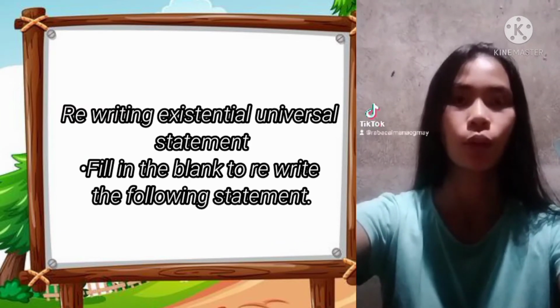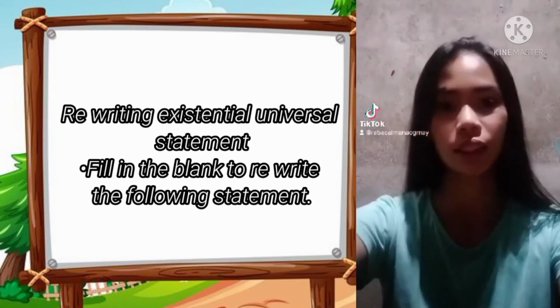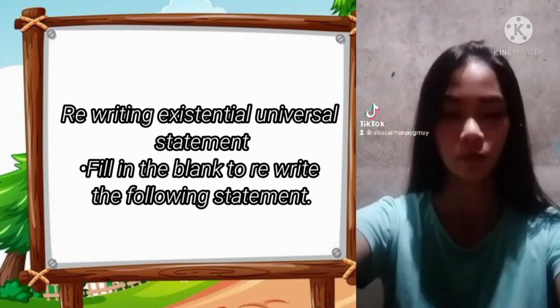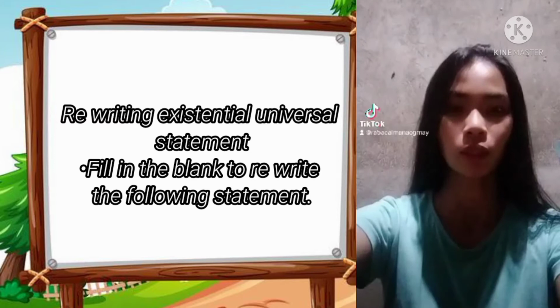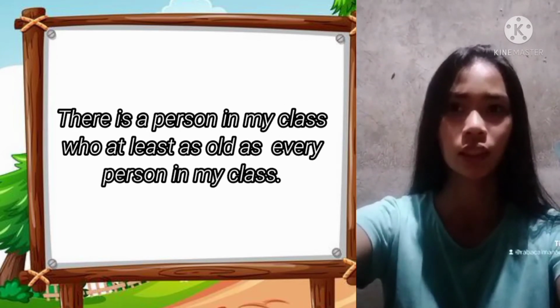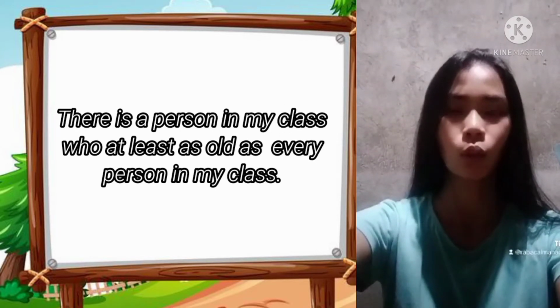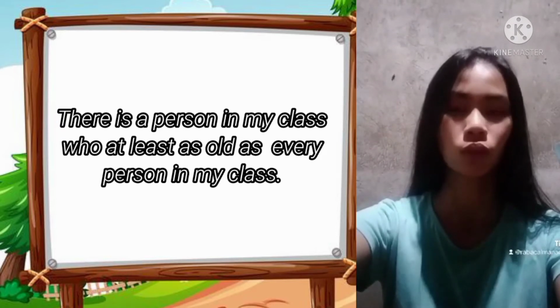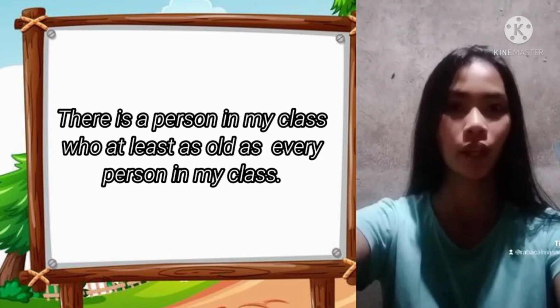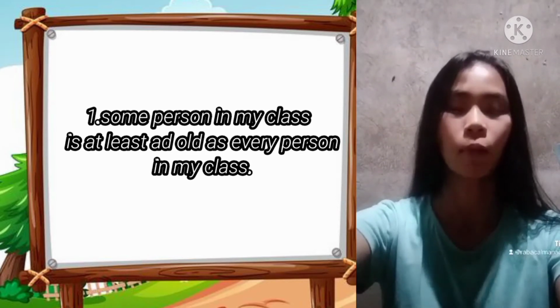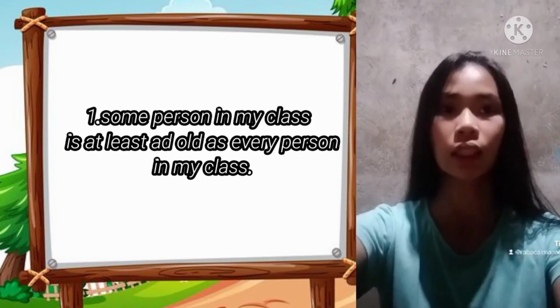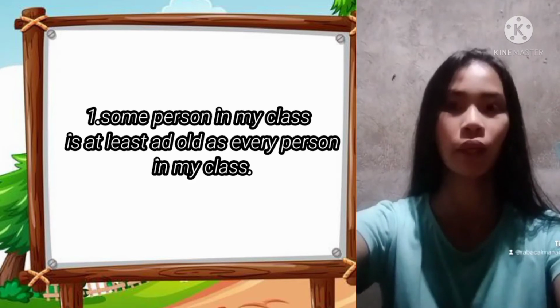Next is rewriting existential universal statement. Fill in the blank to rewrite the following statement. There is a person in my class who is at least as old as every person in my class. Number 1. Some person in my class is at least as old as every person in my class.